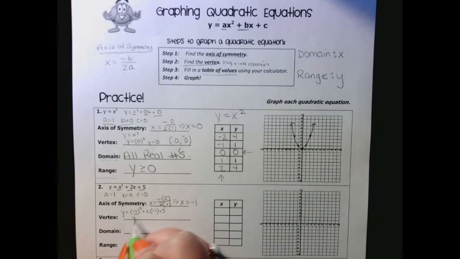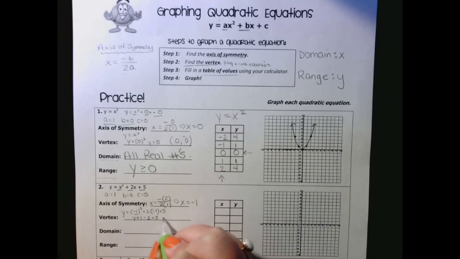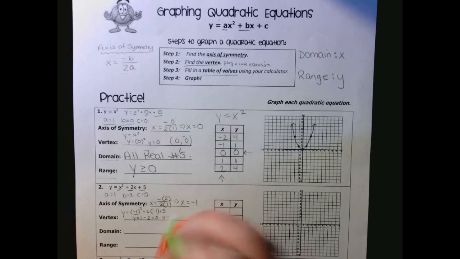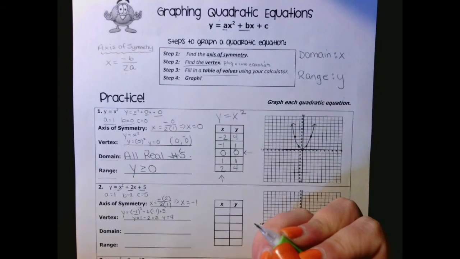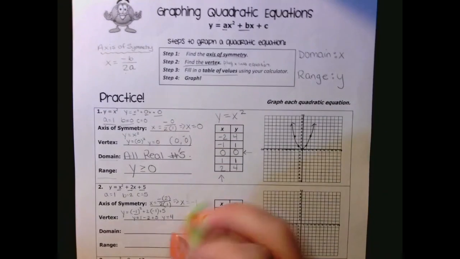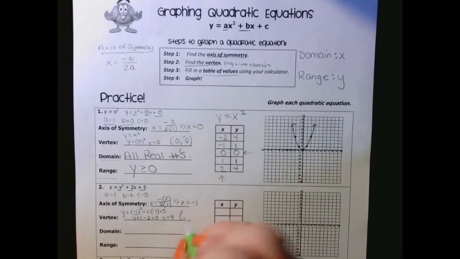So I have y equals positive 1, positive 2 times negative 1 makes this minus 2, then I have plus 5. So y is going to be equal to 1 minus 2, which is negative 1, plus 5 gives me positive 4. And then we're writing our vertex as an ordered pair. So parentheses, my x value, which was negative 1, and my y value, which was positive 4.